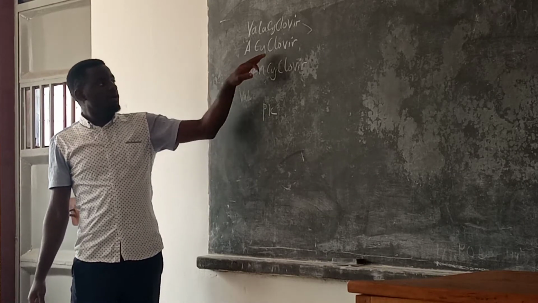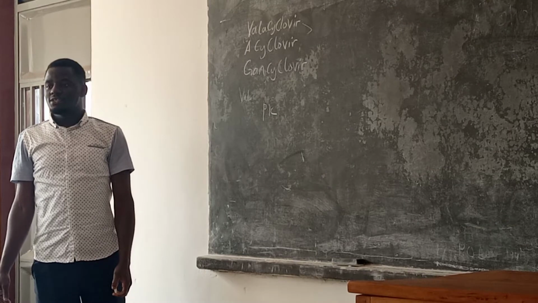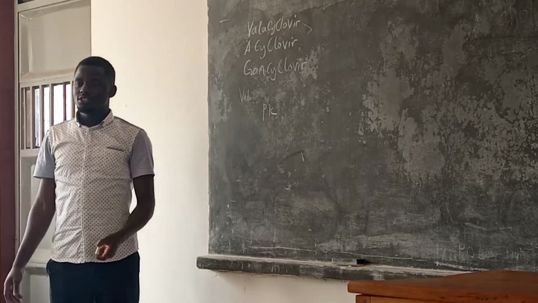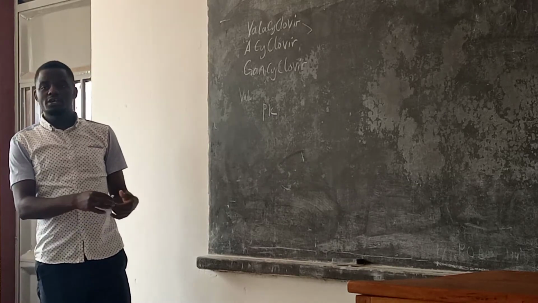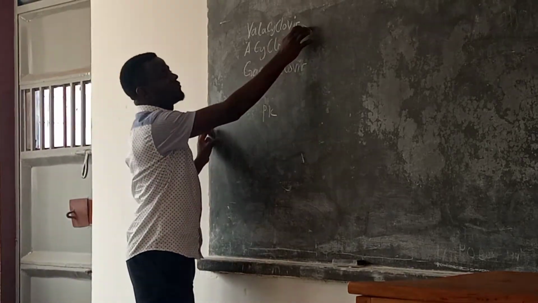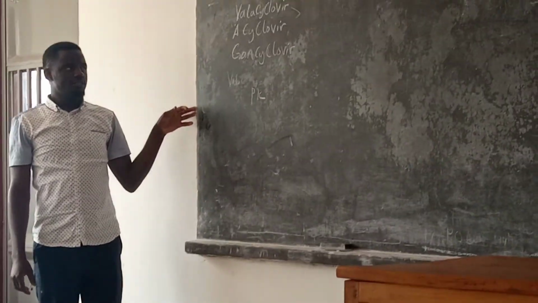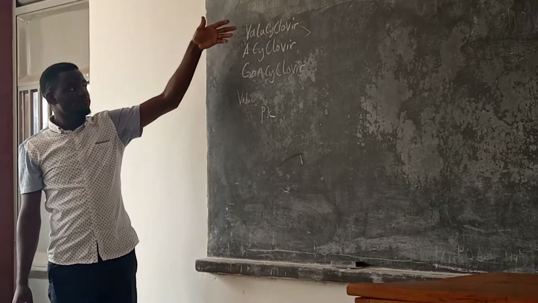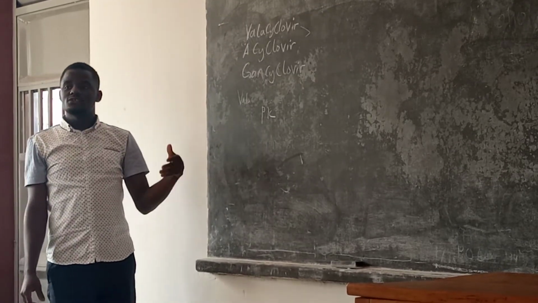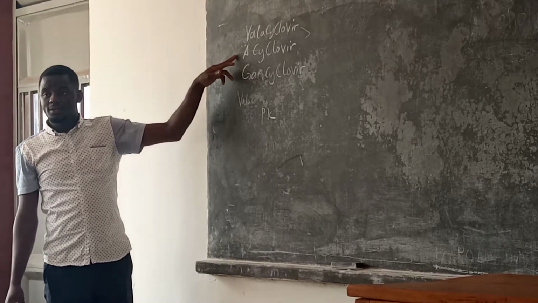Then valacyclovir has the same mechanism of action and the same indications. But the reason why sometimes we give valacyclovir is that its pharmacokinetics is somehow different from this one. Valacyclovir is rapidly absorbed when given orally.